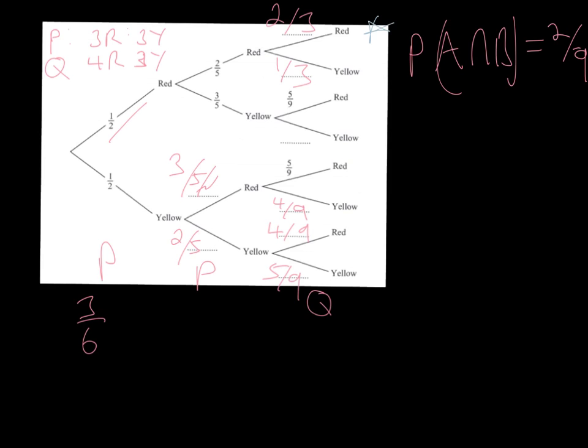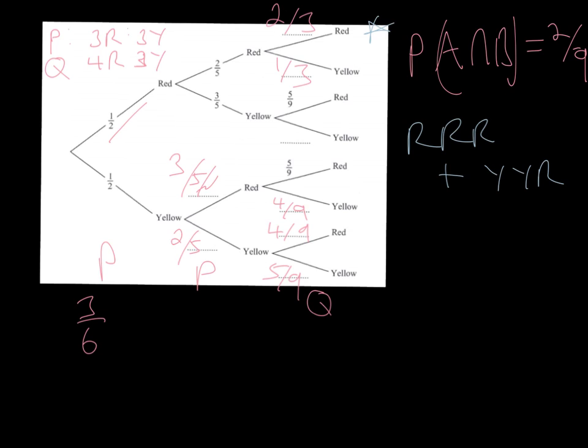So I need to calculate this one, which is going to be red, red, red, and then I also need to add the possibility of getting yellow in the first and yellow on the second and then red on the third. So that is going to be yellow, yellow, red.